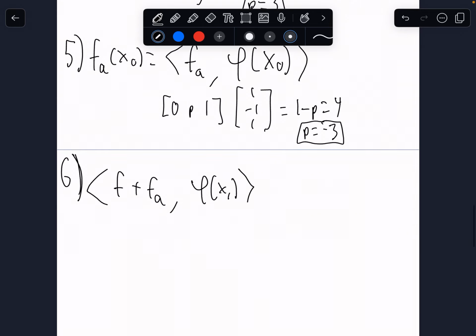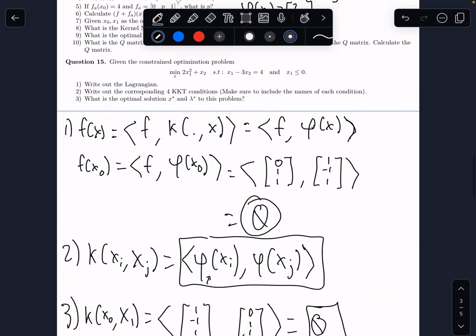So this gives us inner product of 0, 1, 1. And we know f_a is 0, p1, which is 0, negative 3, 1. And we know that this is a sum, and I believe x1 is 0, 1, 1.